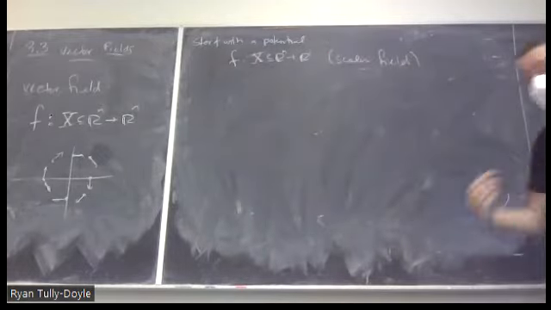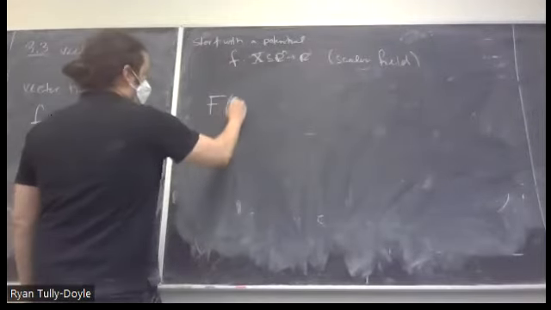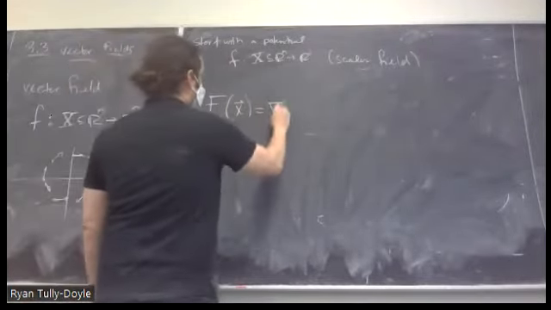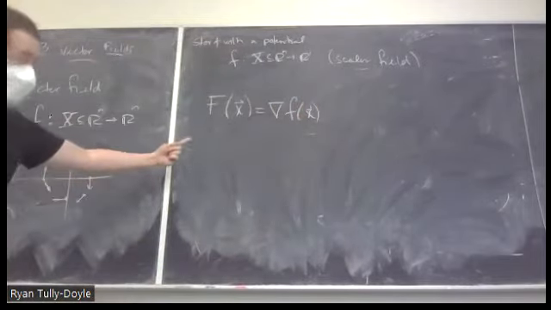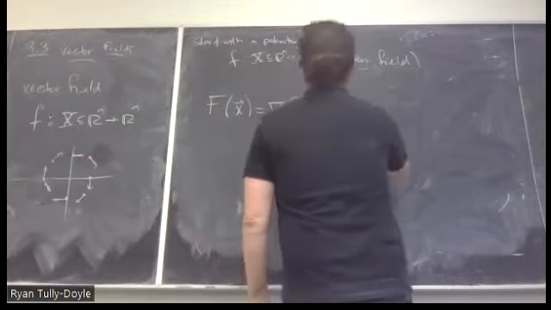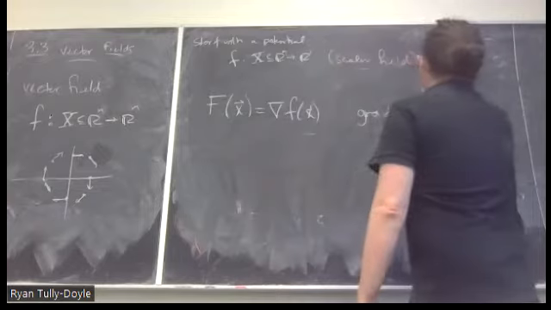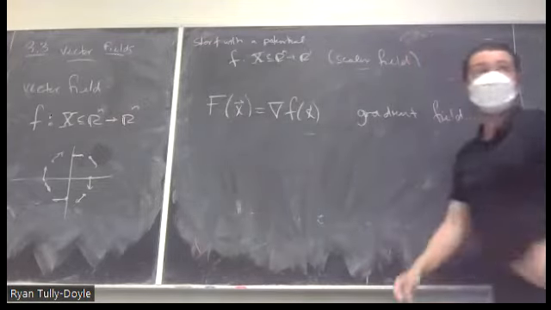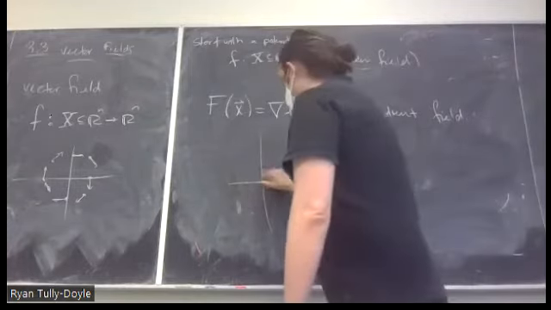And then you take its gradient. So capital F of x is defined to be the gradient of little f evaluated at x. This is a gradient field. Okay. That was the easiest kind of vector field that we studied, or that you can define.